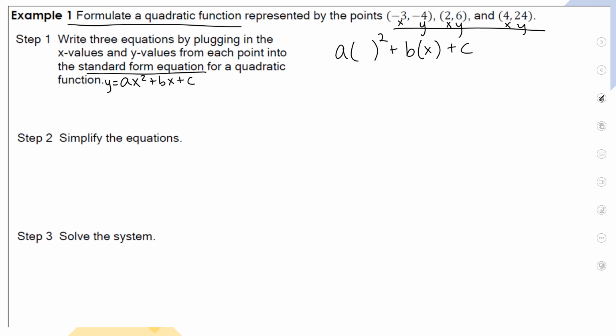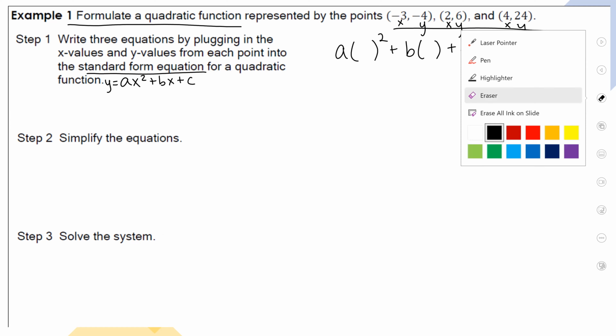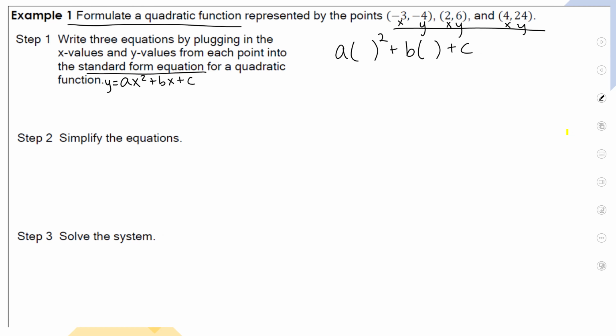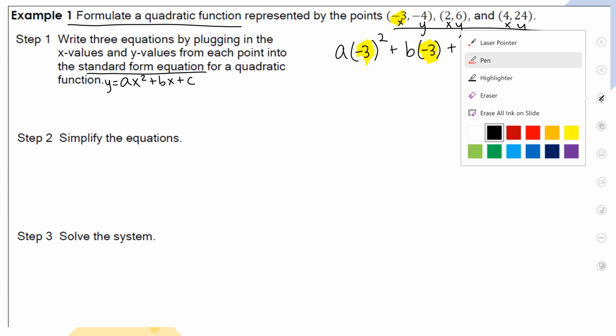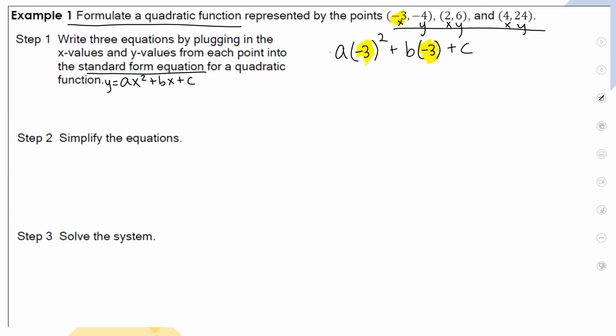But instead of x's, what am I going to put for the first point? Yes. So the x value is right here, -3. So that's what I'm going to plug in. Okay, so that means in those little boxes, I'm going to put -3. In those parentheses, I mean. And then the y value is -4.